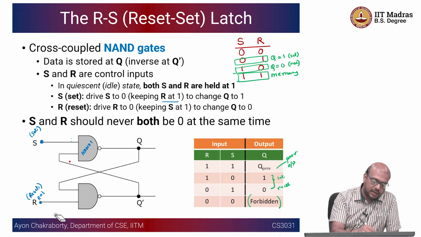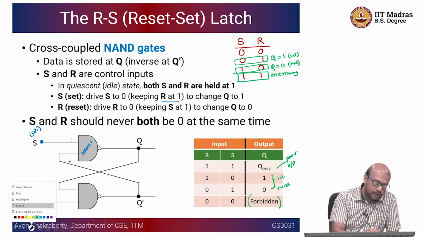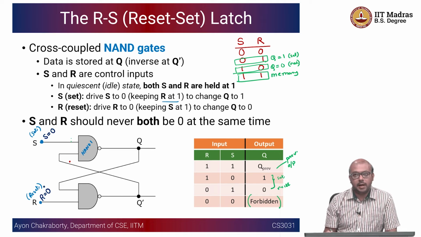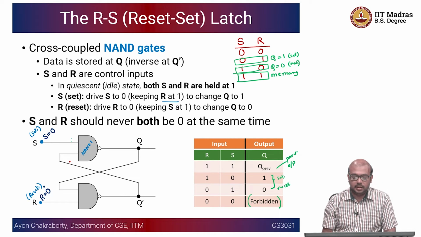So now comes the case where I want to put both of them equal to 0. That was the question. Okay, so here S equal to 0 and R equal to 0. What will happen? You need to understand.